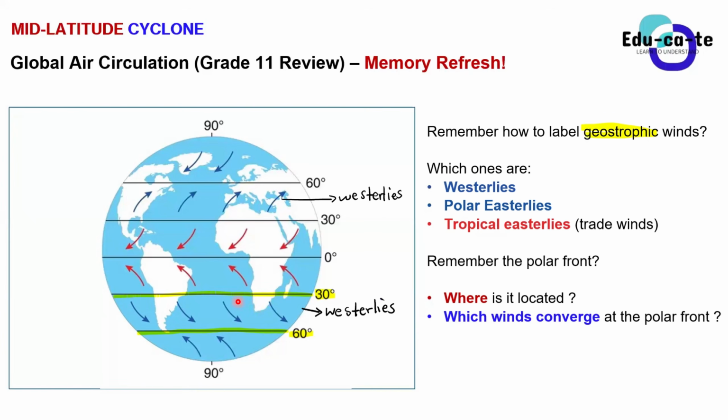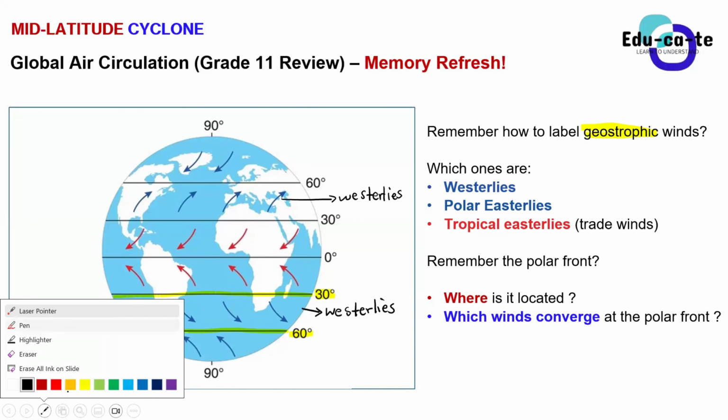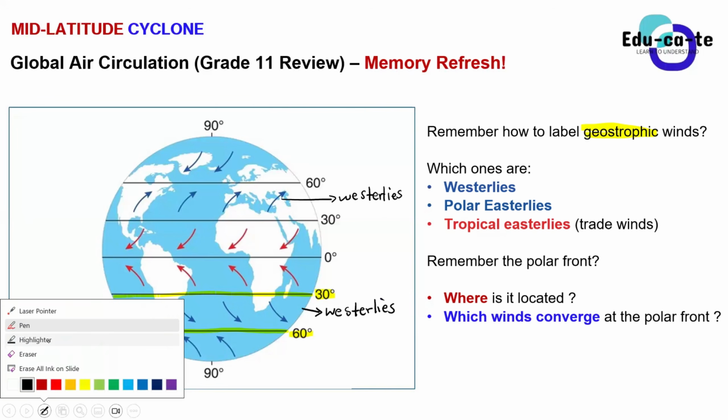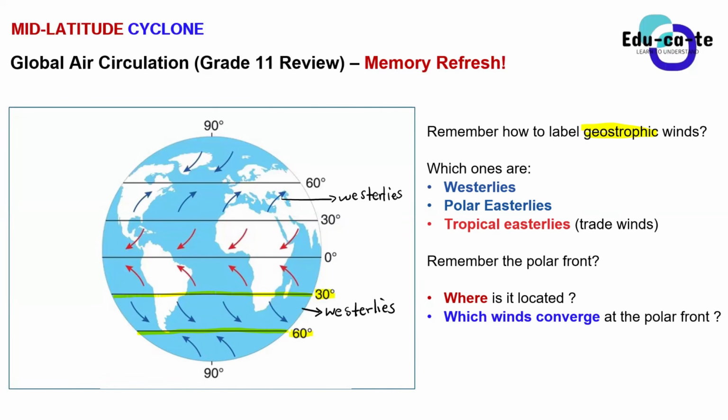So I want you to tell me, where do we find the polar easterlies? Yes, Tahatso? Between the 60 degrees and 90 degrees lines of latitude. Yes, between the 60 degrees and the 90 degrees. I'm sure the 90 degrees is here.